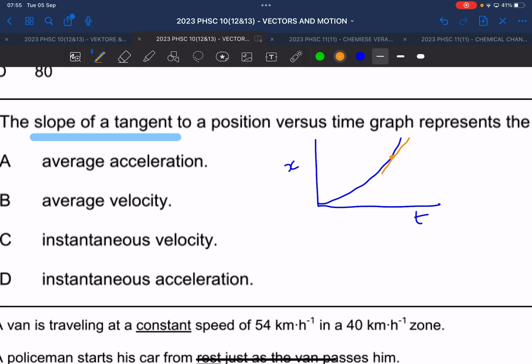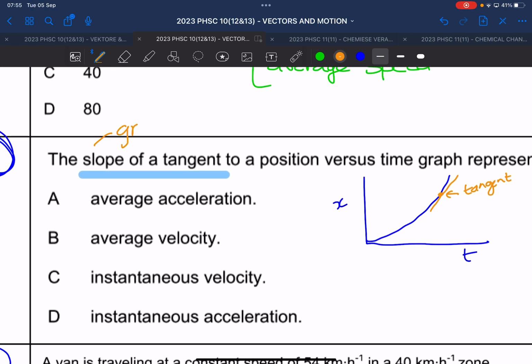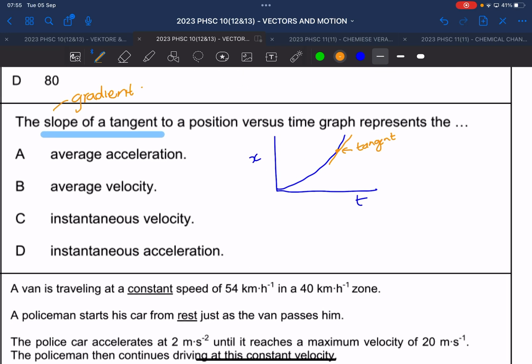There where they intercept. There where they touch. Okay. So that is a tangent line. And when they speak about the slope, they actually speak about the gradient. It's English. The gradient.